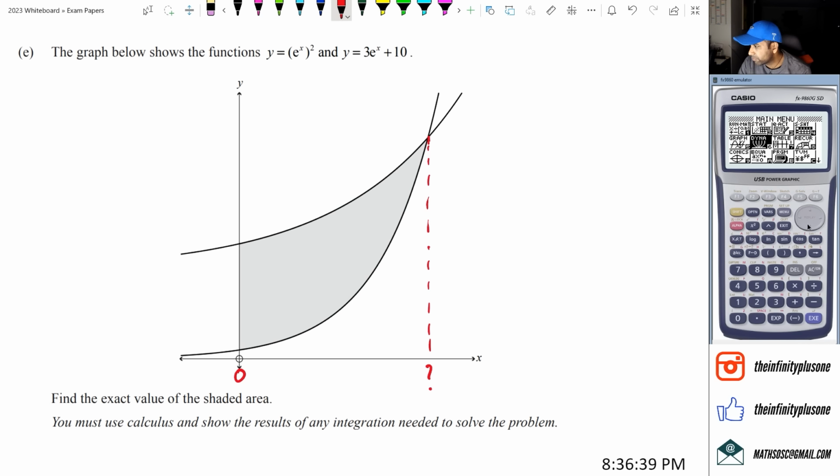So I'm going to go into graph mode. I'm going to type in my first equation, which is e to the x, shift to e to the x, and that's going to be e to the x squared. Yeah, that's all good. My second equation is 3 times e to the x, and then plus 10.